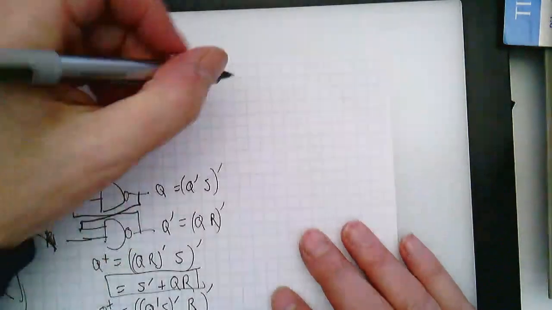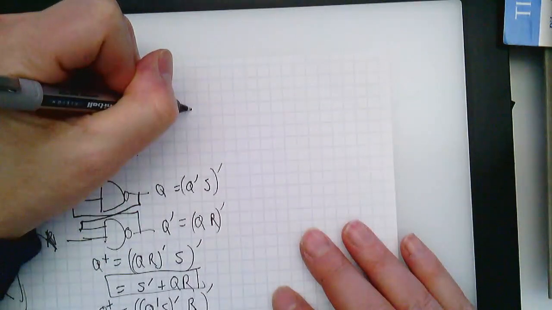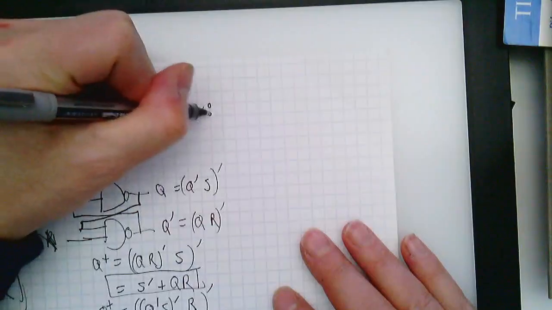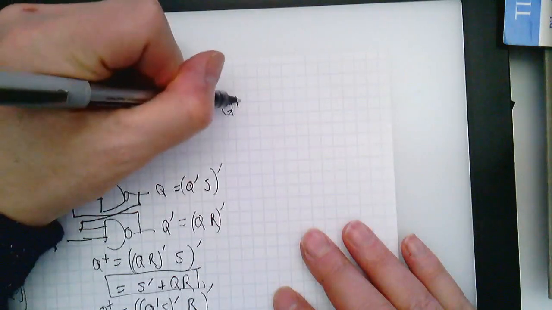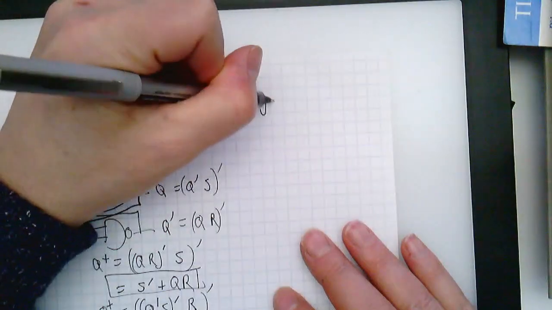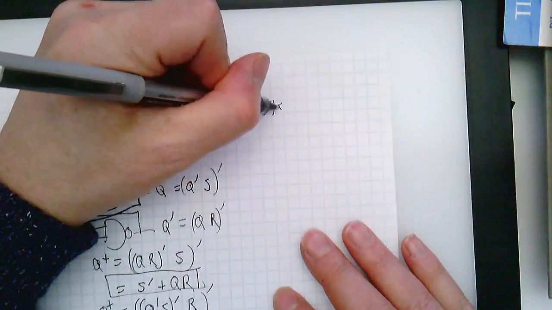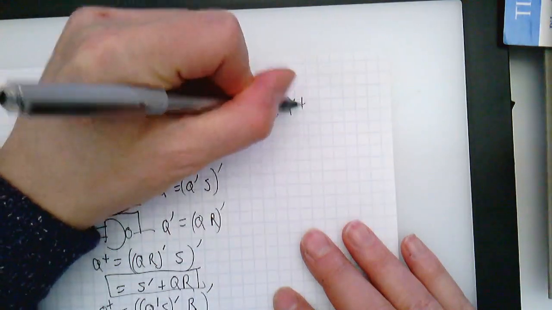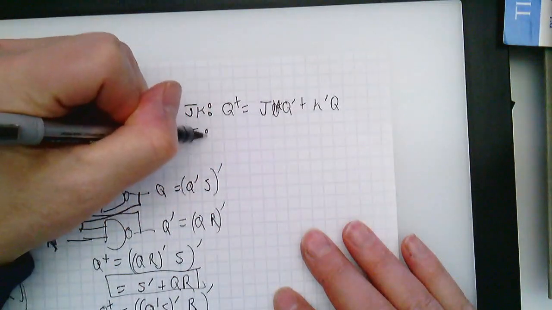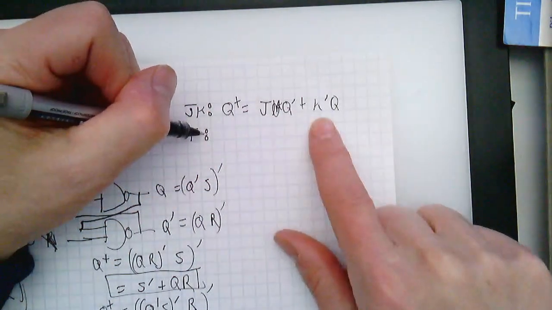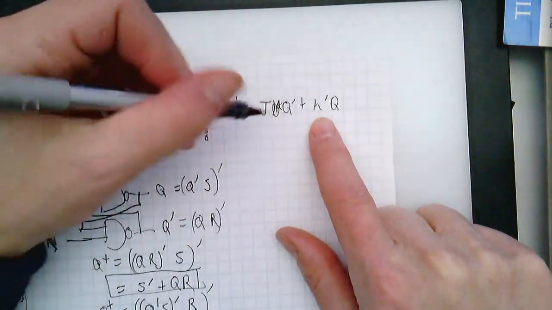Moreover, if you look at JK, your next state is going to be JQ prime or K prime Q. And if you look at T, it's the same thing as holding J and K identical.